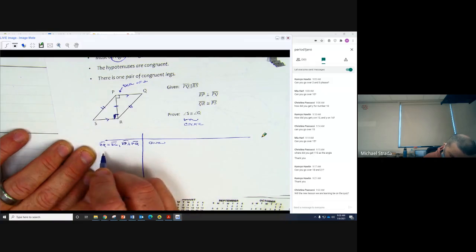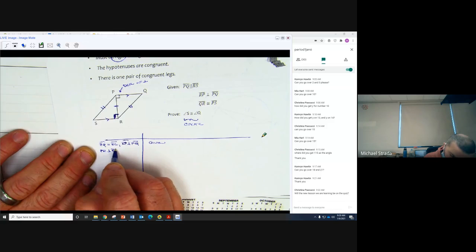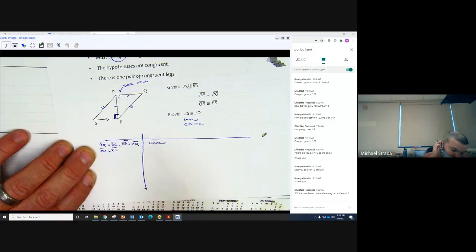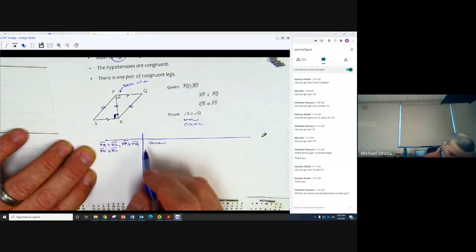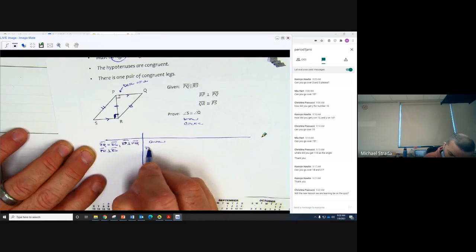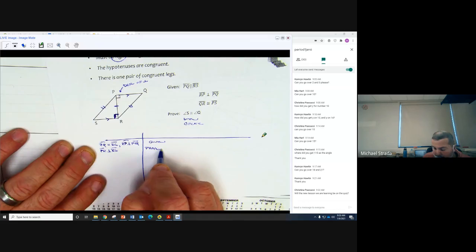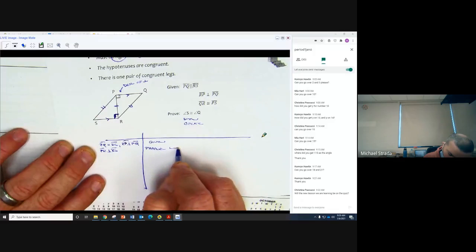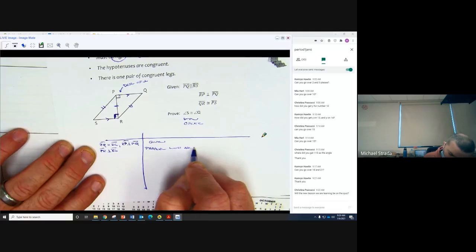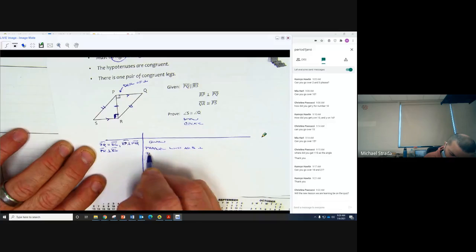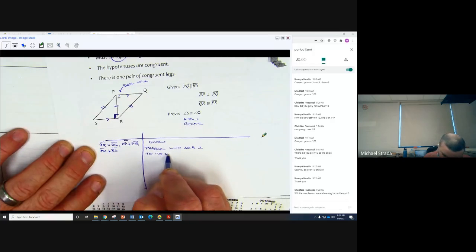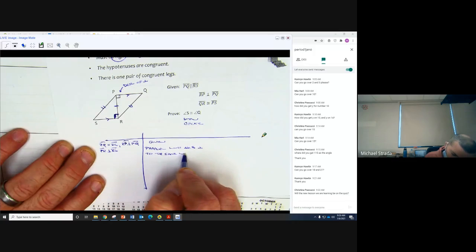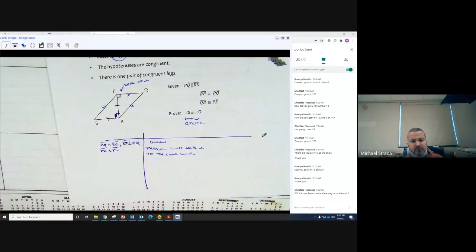That means we're allowed to say that RP is perpendicular to RS. Parallel lines are perpendicular to the same line.